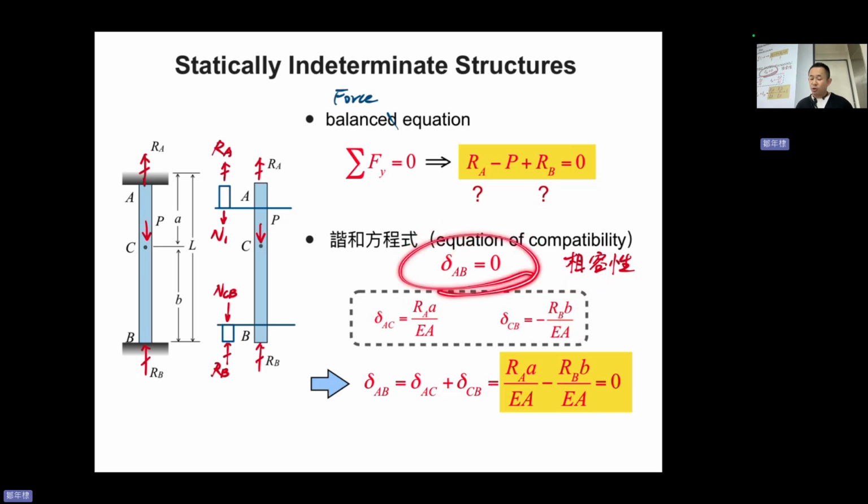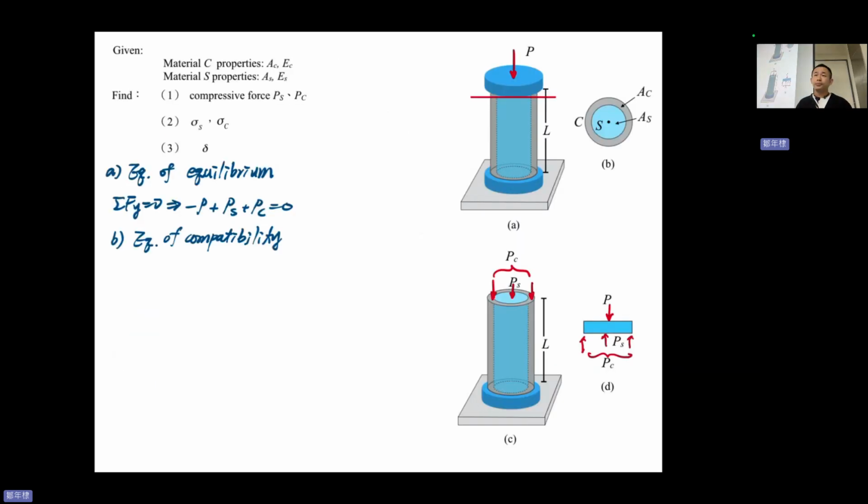This compatibility equation is based on the boundary condition. So what is the boundary condition here? Because the two materials are compressed by the same cap, okay? So their displacement should be the same. So delta S and delta C need to be equal, okay?